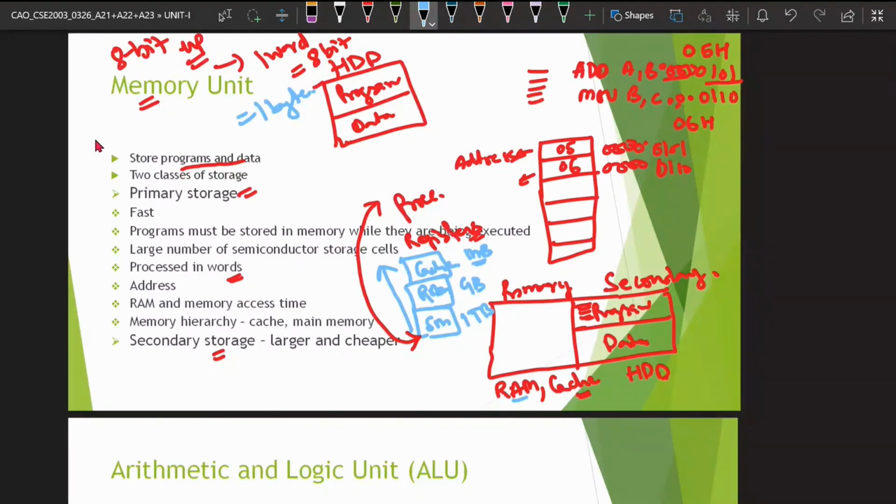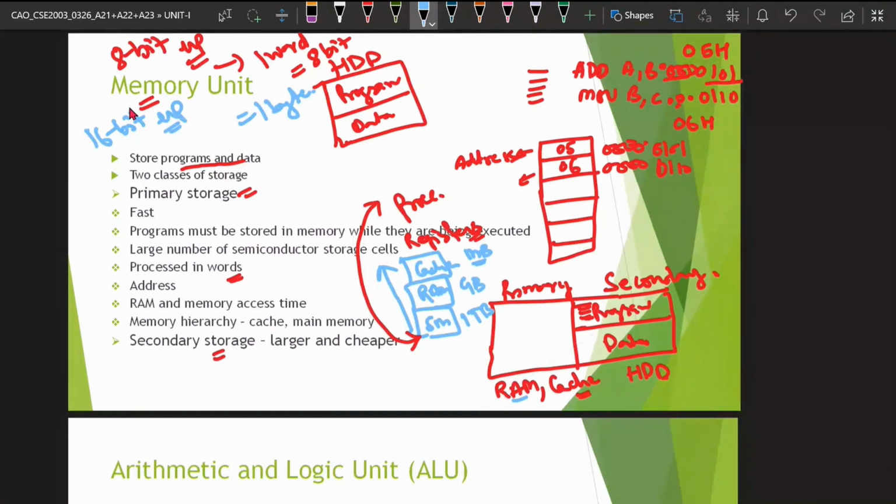If a 16-bit processor is there, that means it can operate on 16 bits at a time. If an 8-bit microprocessor is there, it can operate on only 8 bits at a time.